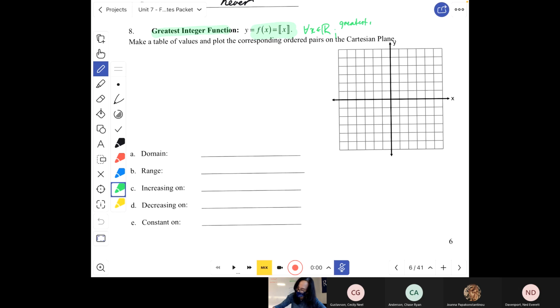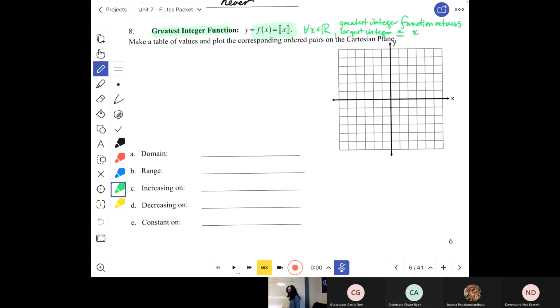The greatest integer function takes any x value as its input and returns as output the largest integer less than or equal to x.